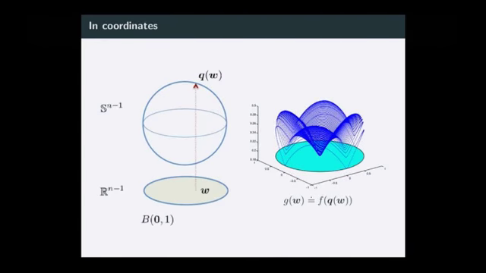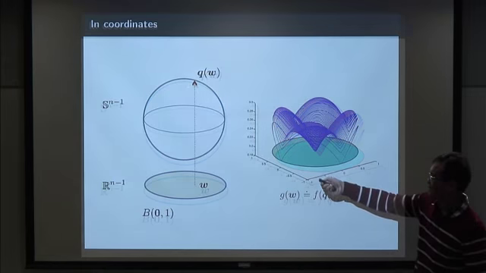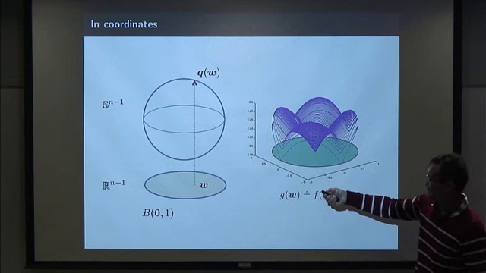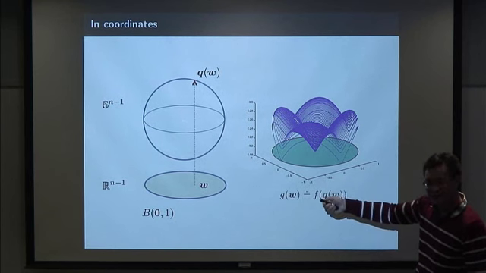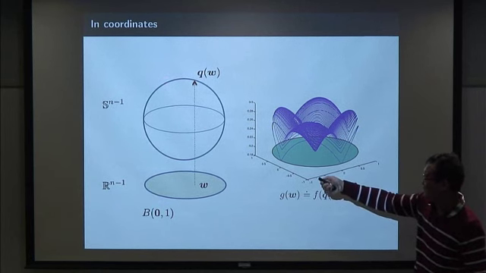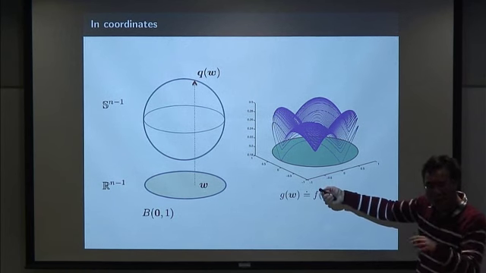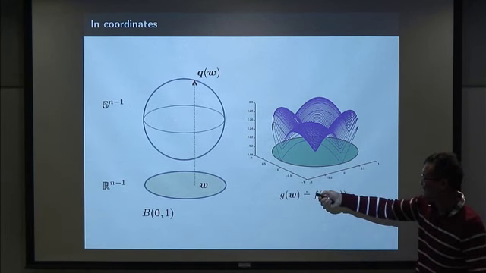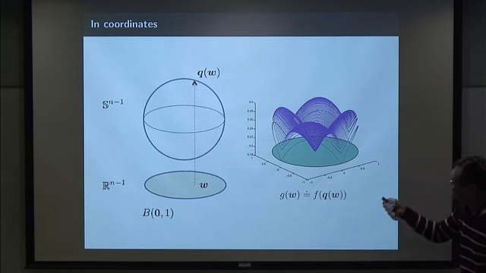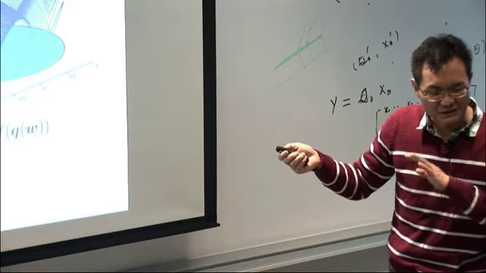We take this one, take the function value, and push it down to the equator plane. Because this mapping is one-to-one, we just assign the value here to the corresponding point here. And this is what the function looks like if we do that.